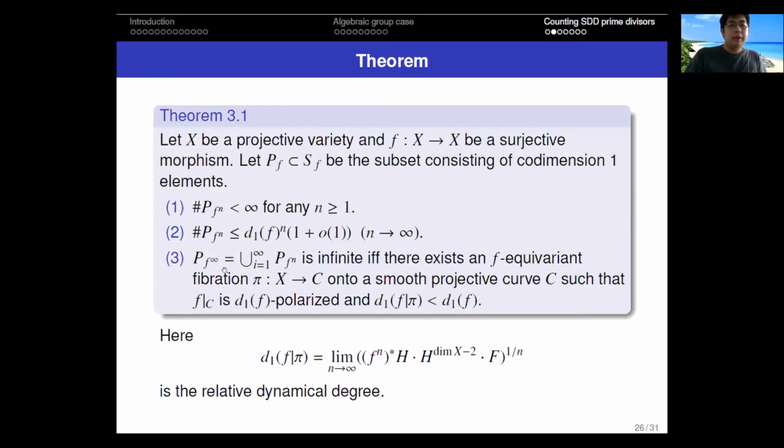We denote by P_F infinity the union of all P_{F,n}, and then P_F infinity is infinite if and only if there exists an equivariant fibration onto a smooth projective curve such that the restriction of F to C is T1 polarized, and the relative dynamical degree is strictly smaller than the first dynamical degree of F. Here, the relative dynamical degree is defined by this formula.